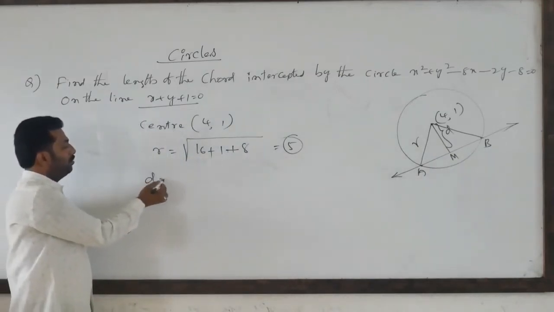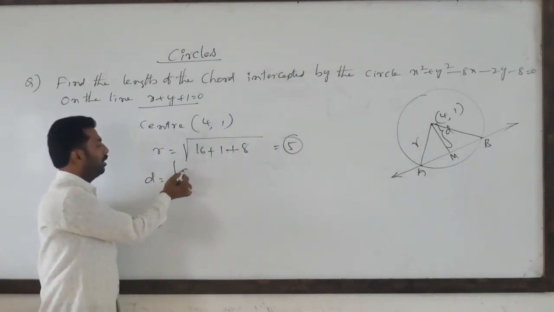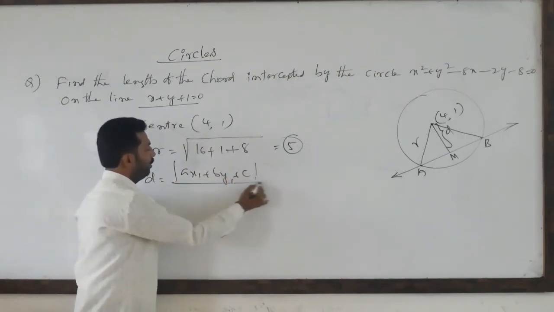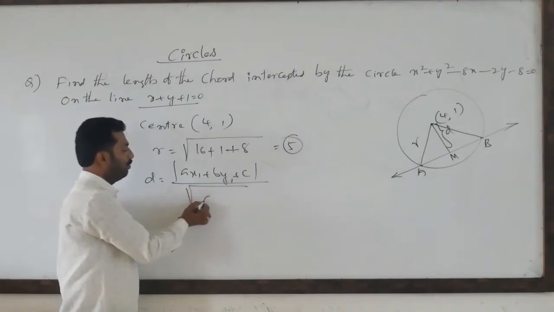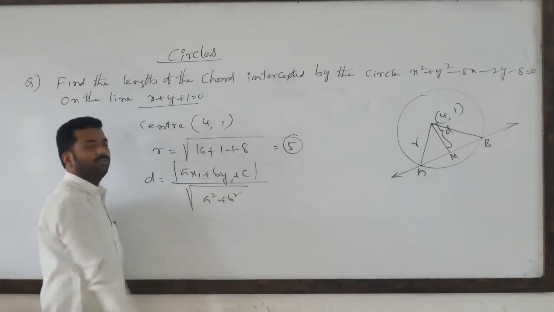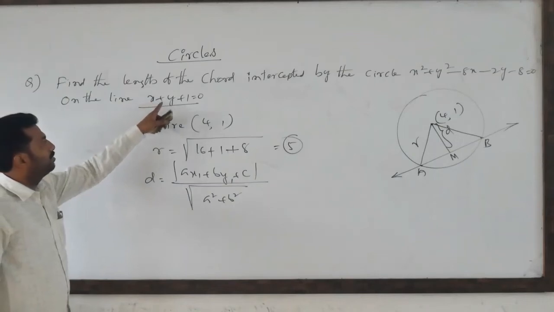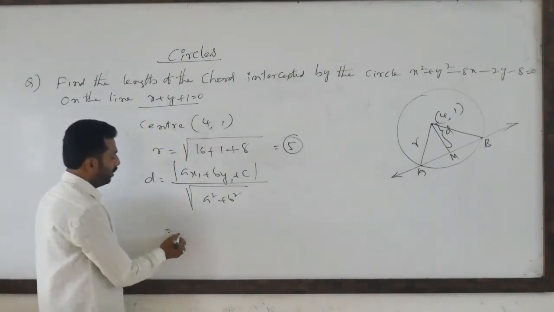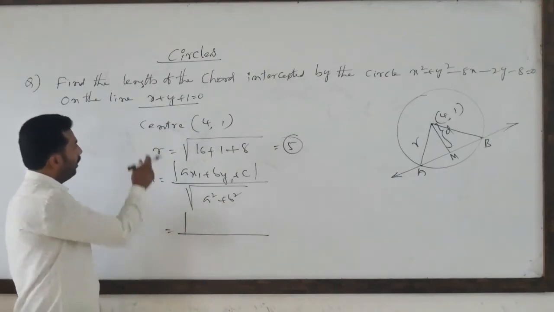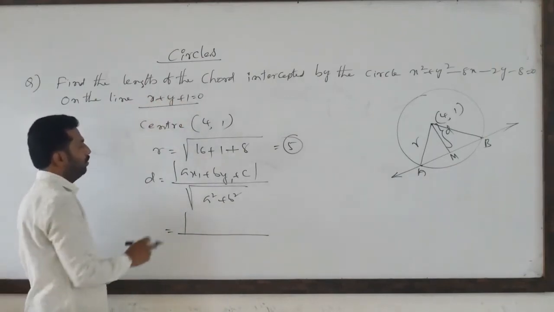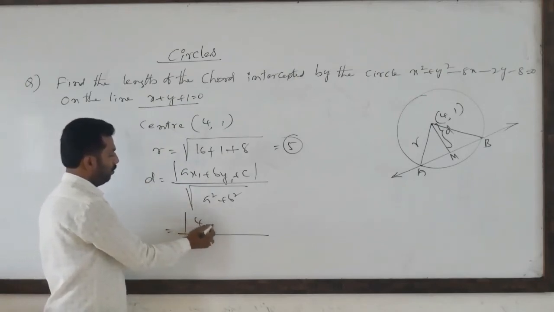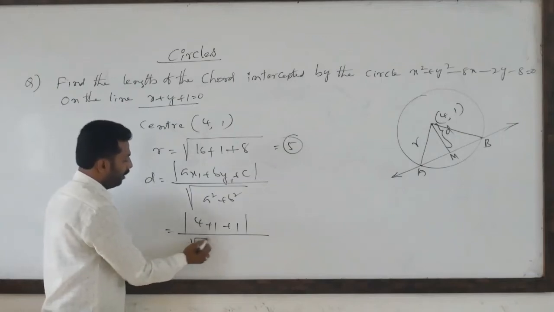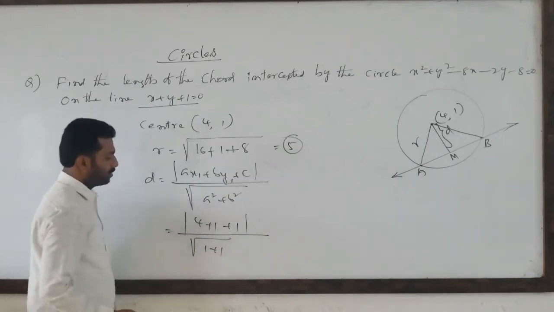So d equal to, what is the formula? Modulus of a x1 plus b y1 plus c divided by square root of a square plus b square. This is ax plus by plus c equal to 0, with point x1, y1. If I apply that formula, a means 1, b means 1, c value 1, x1 is 4, y1 is 1. So modulus of 4 plus 1 plus 1 divided by root of a square plus b square.